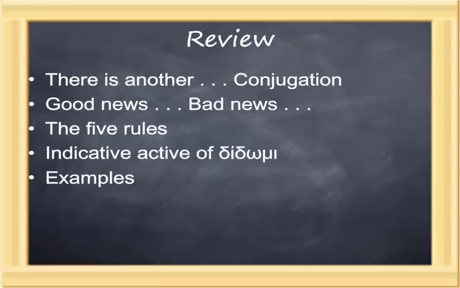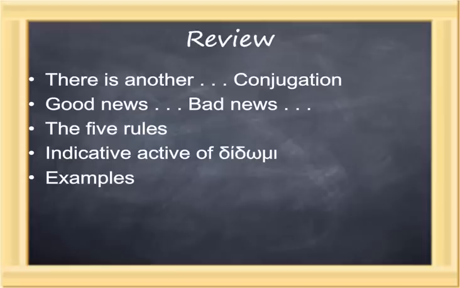So in this lesson, we've learned about another conjugation, the athematic or mi conjugation. Although the forms can look initially quite confusing, and there are many of them, by following the five rules identified in this lesson: Rule 1, iota reduplication in the present.